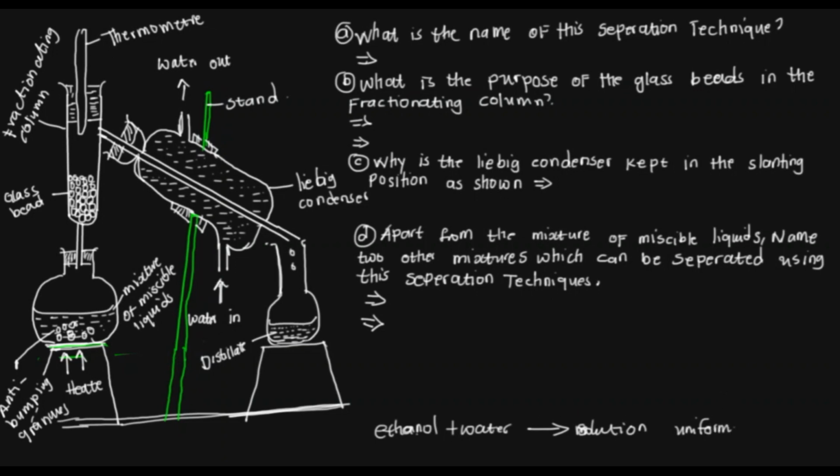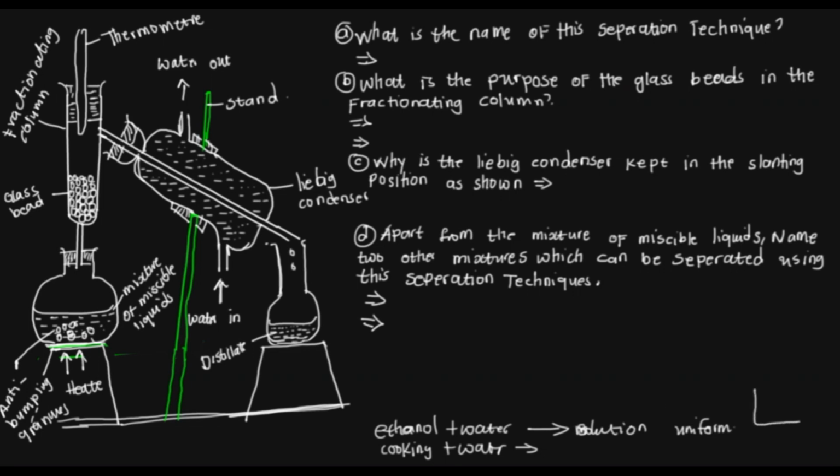But immiscible liquids are liquids that do not mix to form a uniform solution, such as cooking oil. If you mix cooking oil with water, you are going to have a solution where the cooking oil will float on top of the water. So that is not uniform, because we are able to see that this is water.